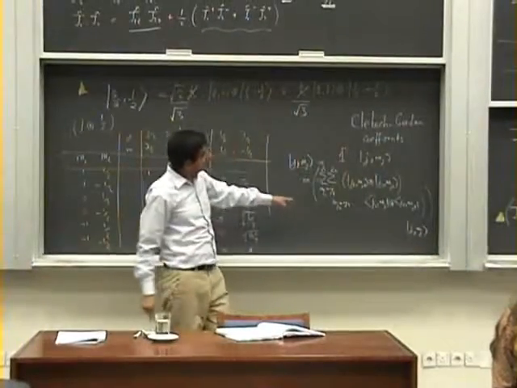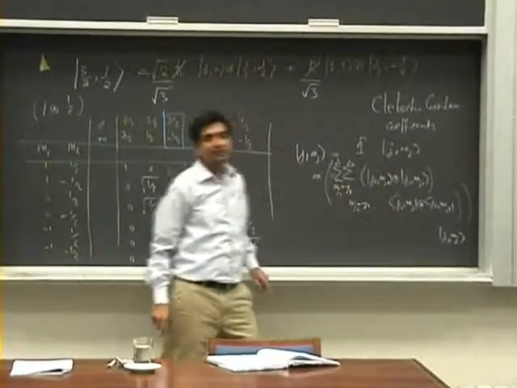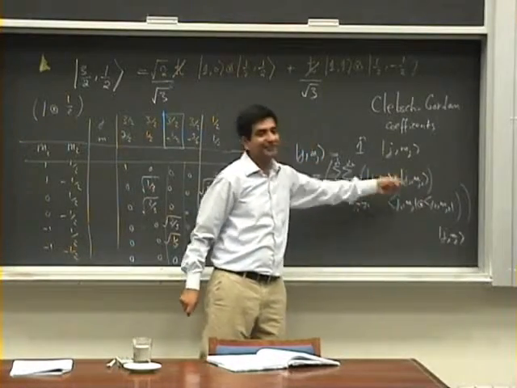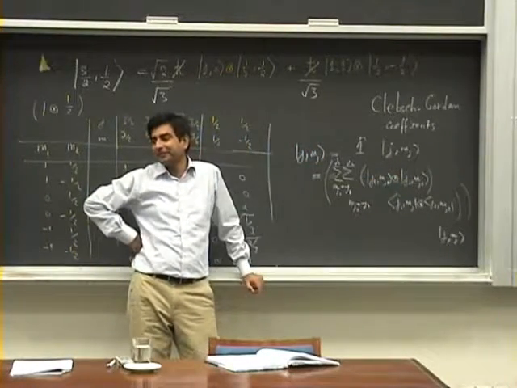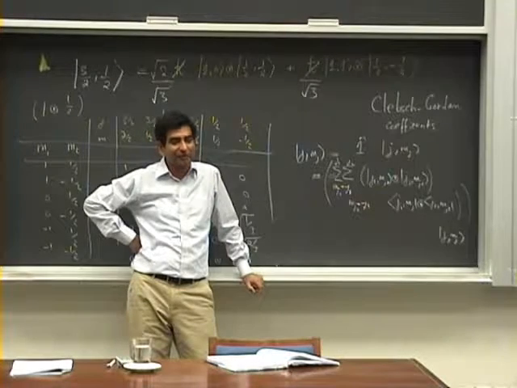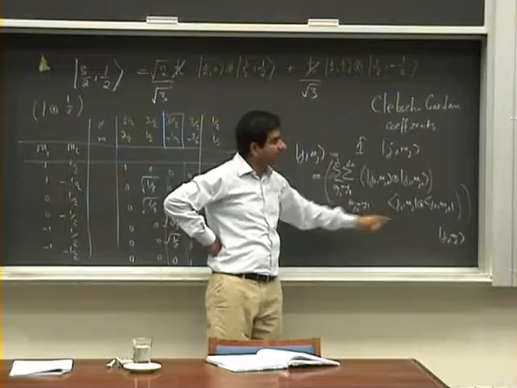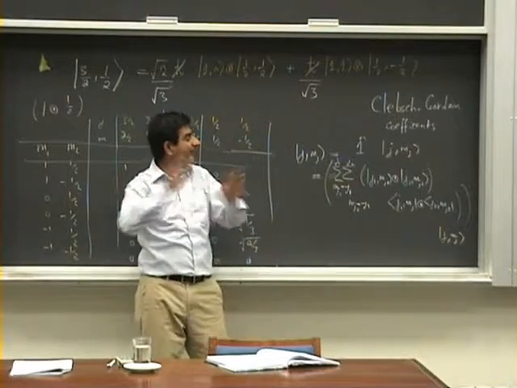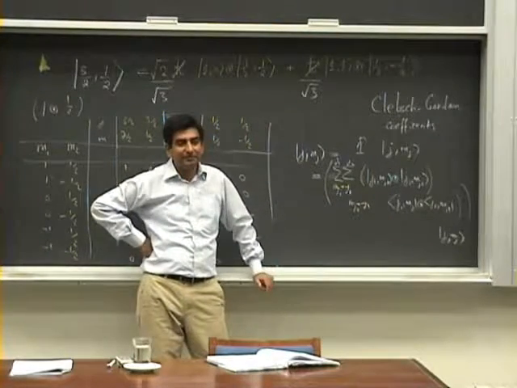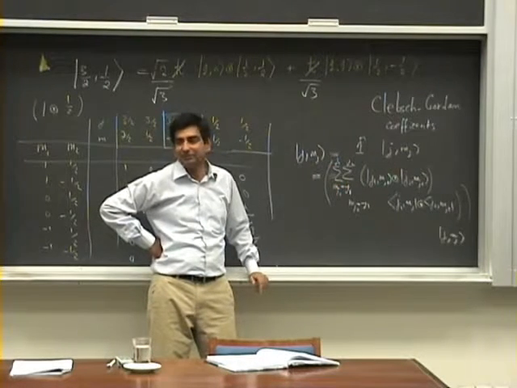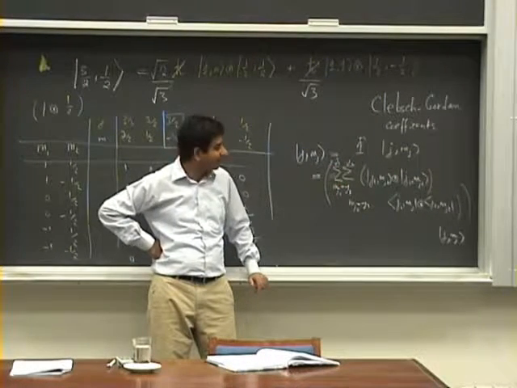So I'll replace the identity operator by this sum of outer products, because all of these states form a basis and they are mutually orthogonal. So I can do the decomposition of the identity operator in terms of these outer products which span the entire Hilbert space, where mJ's take on all possible values. Correct?